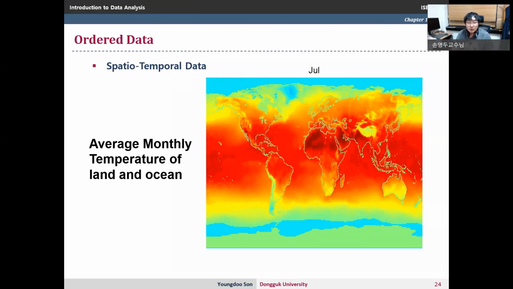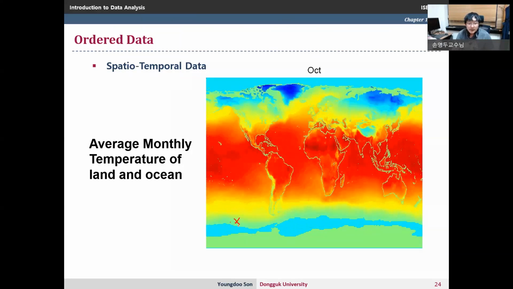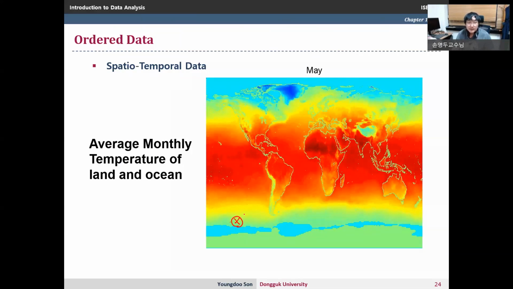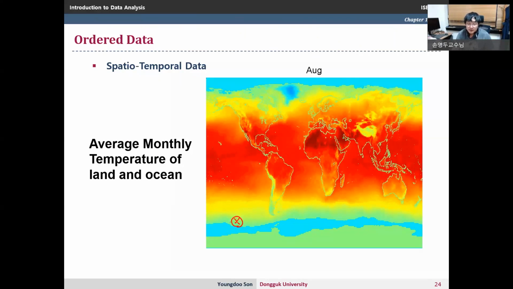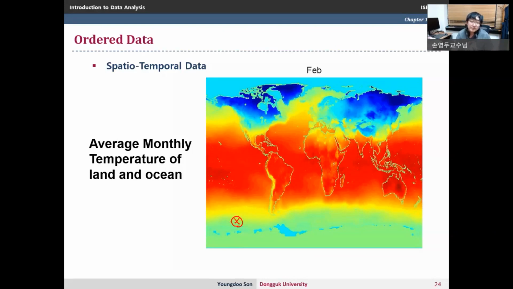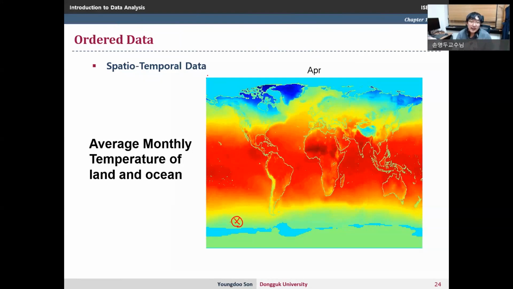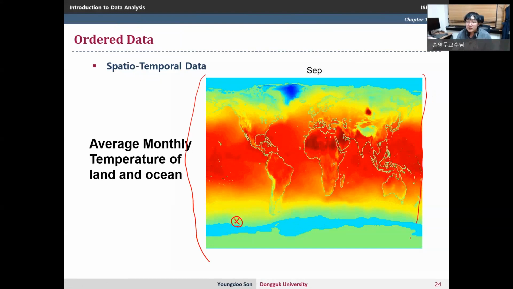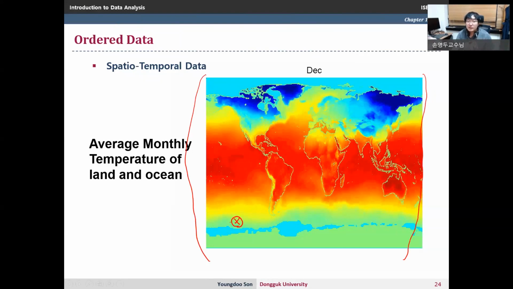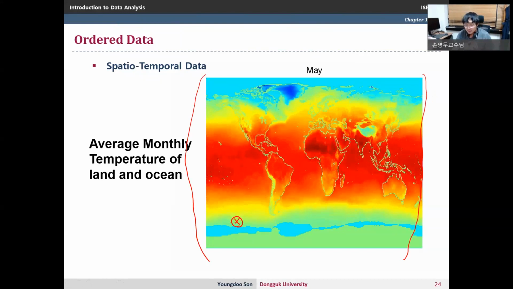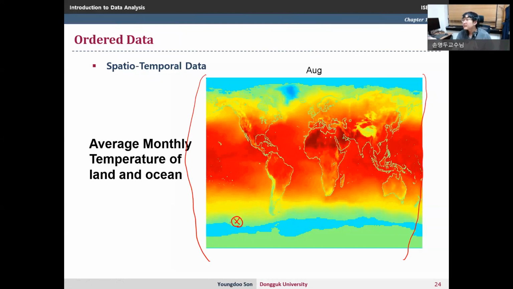However, if we select one point, the value at this point is changing and changing, and this data can be considered as temporal data because the value is related in a timely manner. And in total, the figures changing in this manner are called spatial temporal data because they have relationships both in space and time manners.